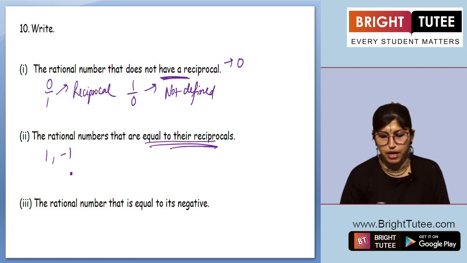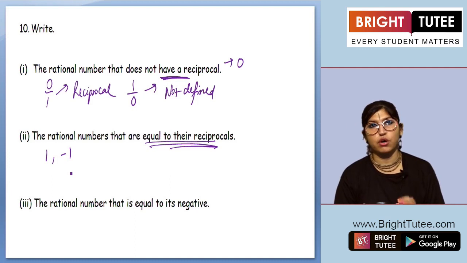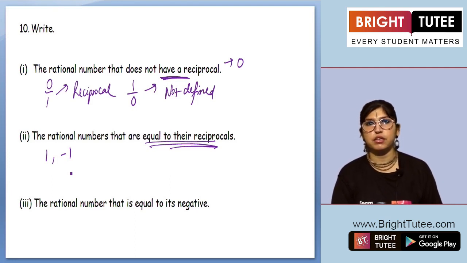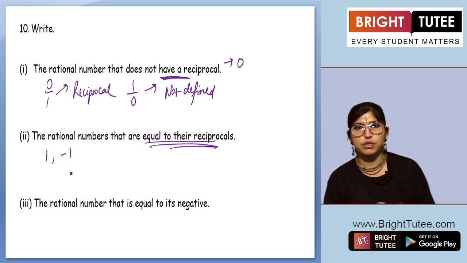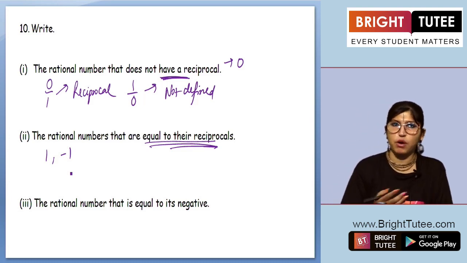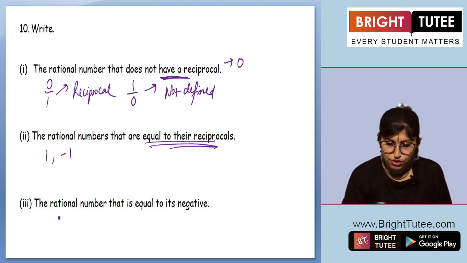Let's move on to the third part. Now the rational number that is equal to its negative. So a rational number which will be equal to its negative. So it can be 1 that will be equal to its negative. Would be minus 1. No, that's not correct. Minus 1, 1. Yes, good try.